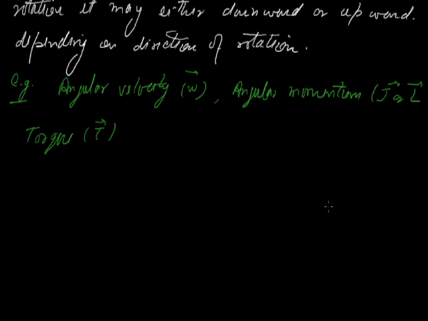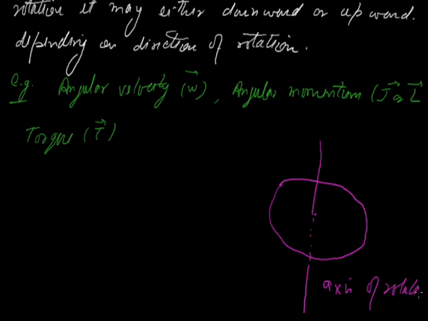Graphically, we can show that an object is moving on this circular path. This one is the center of the circle. This one is the axis of rotation. So the object is moving. If rotation is anti-clockwise, then the direction of omega will be upward.